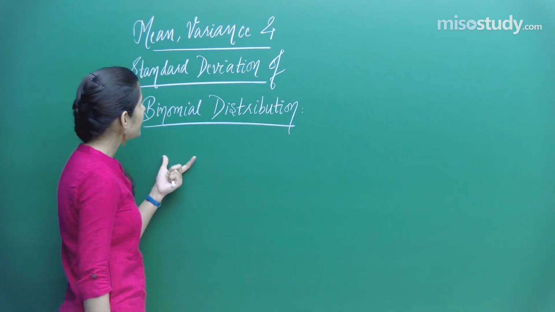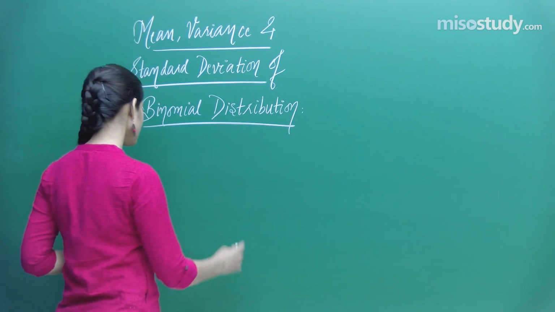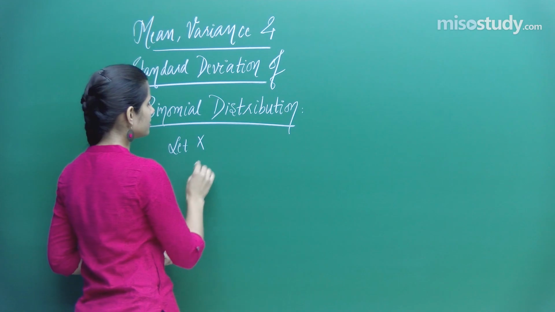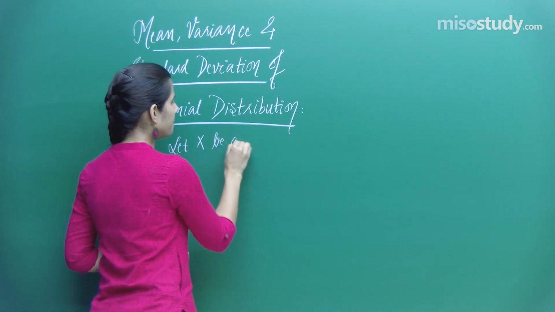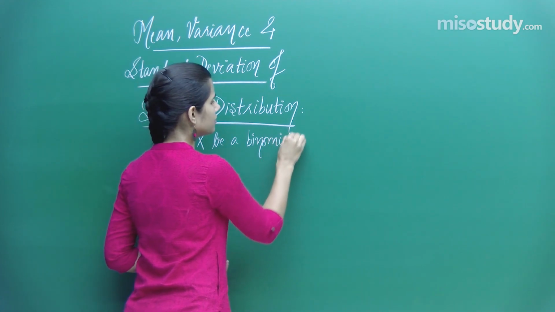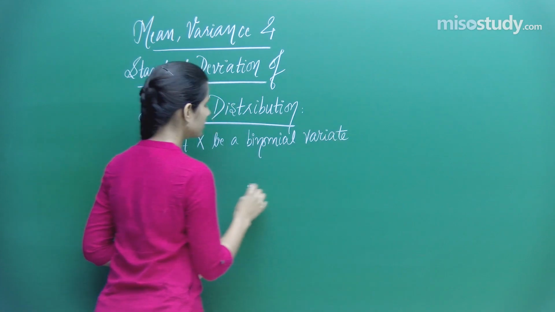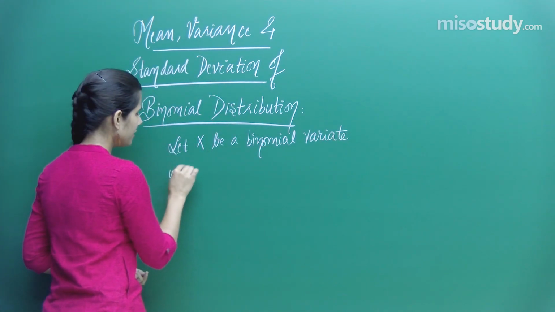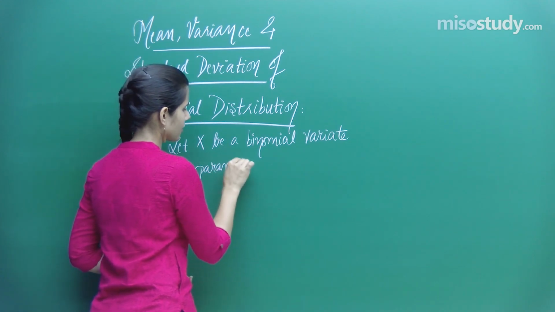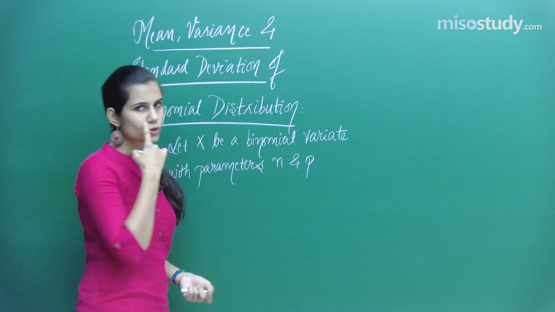So what is the mean of a binomial distribution? Let's see. Let X be a binomial variate with parameters N and P. So what do I mean by this?